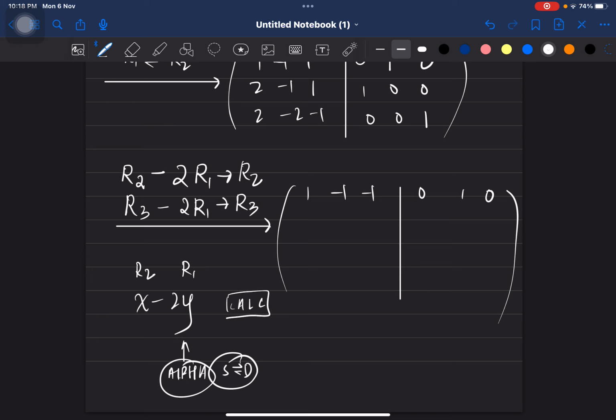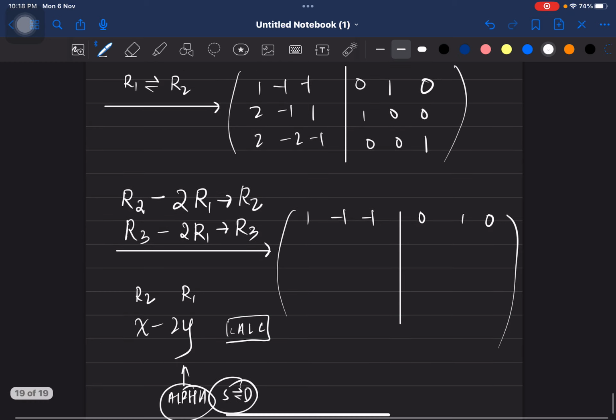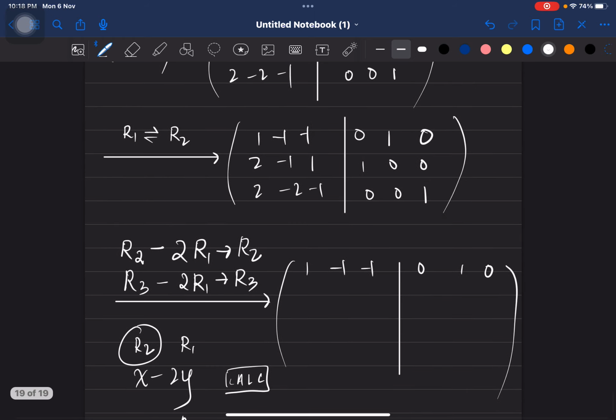It's right beside the alpha button. Press calc, and then they will ask you what is x, what is y. So x is row 2. Row 2 is this one. Y is row 1. So 2, and then equal, and then y, put in 1, and then equal, and then press equal again, then you should get 0. I mean, our goal is to get 0, right? So we get it 0.